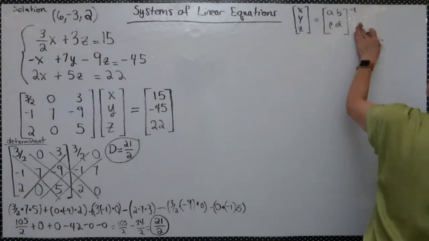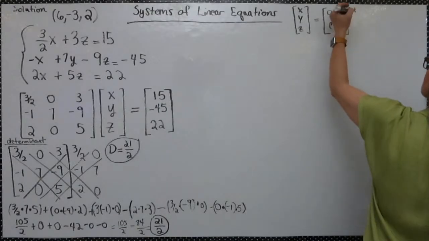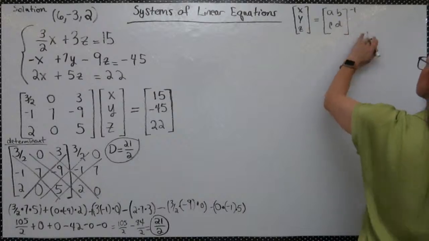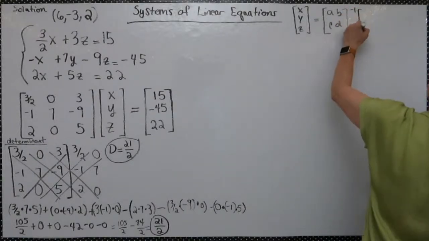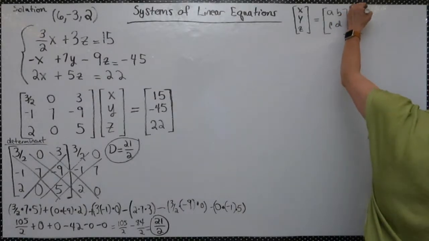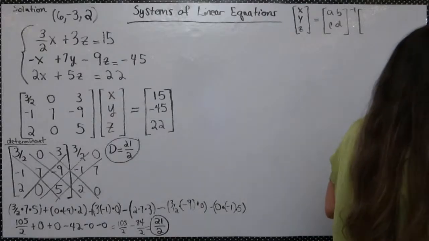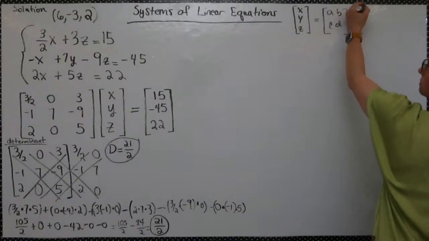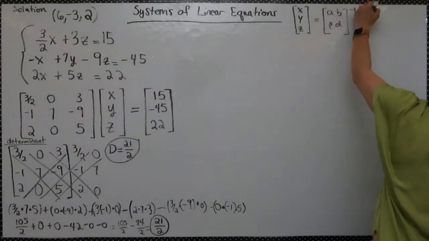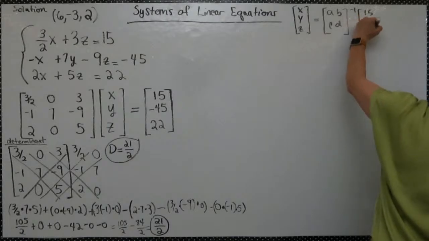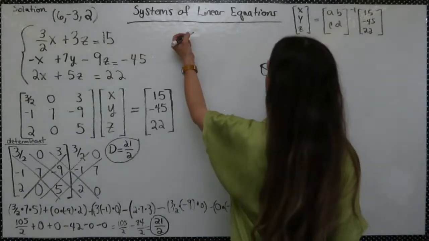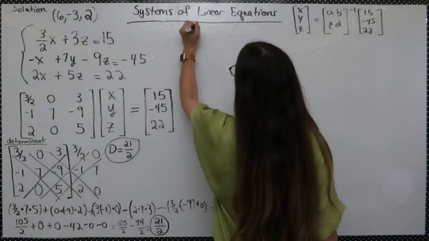Or, sorry, it's not times coefficients. It's the inverse times, yeah, so how do I list the constants? I'm going to say 15, negative 45, and 22. Okay, see, I can already tell I need to practice. So the minors.